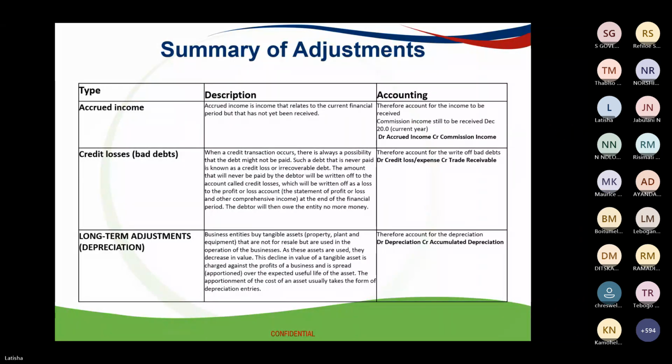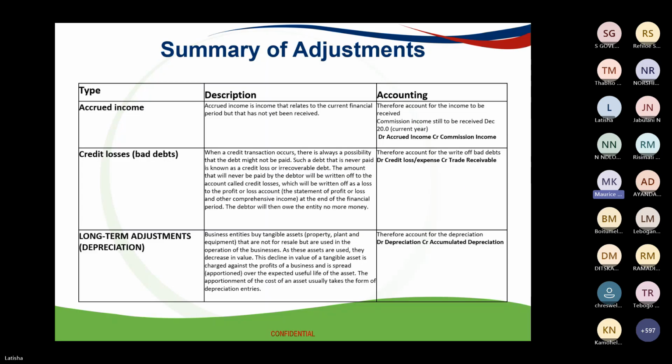Okay. And then we've got accrued income. Accrued income is income that relates to the current financial period, but has not yet been received. Remember what I said? I said that the accrual principle of accounting is that we record all expenses and income when they occur as opposed to when they are paid.